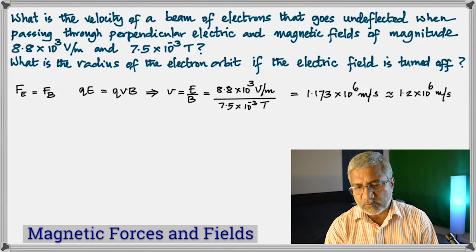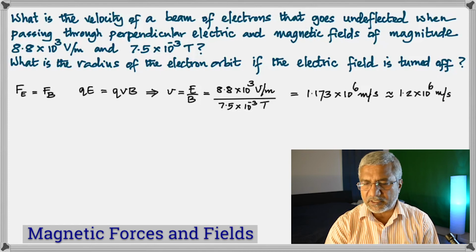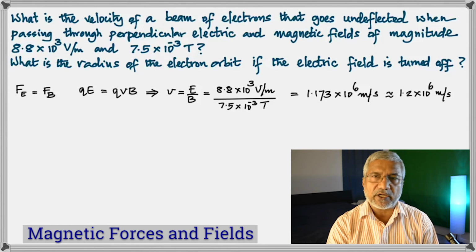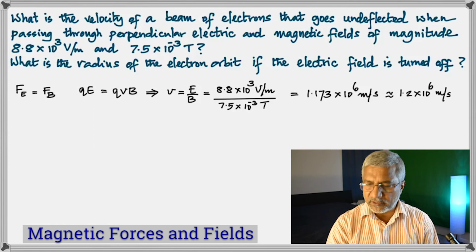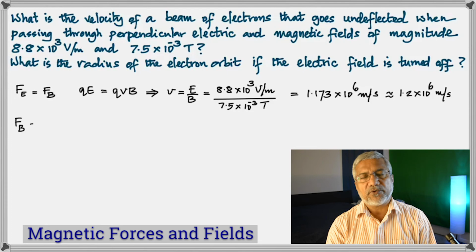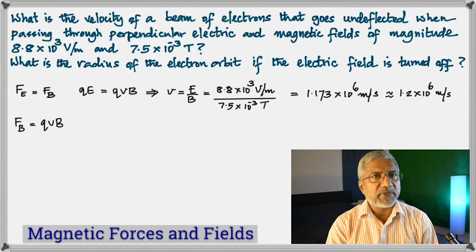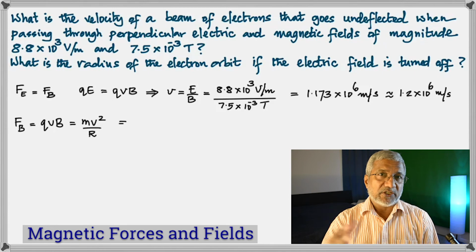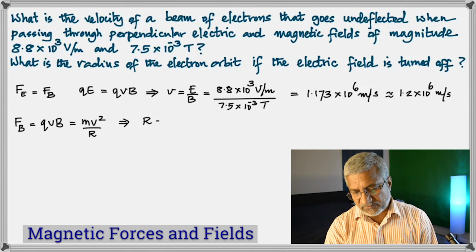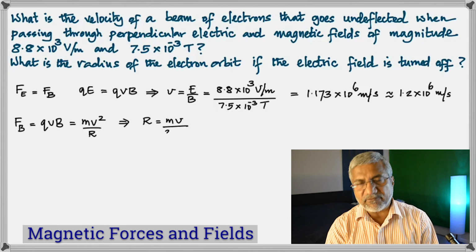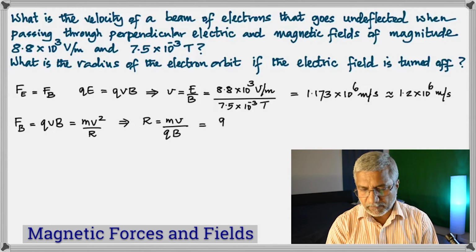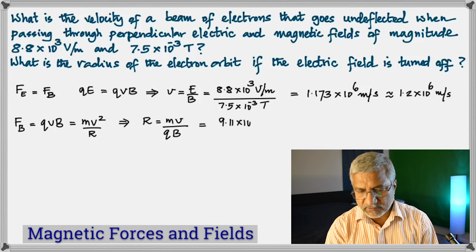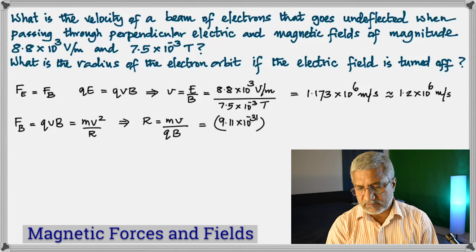And then the second part: what's the radius of the electron orbit if the electric field is turned off? So now you only have the magnetic field, and we know the formula for radius. We've written that so many times. Finally you end up with radius is mv by qb, and the mass of the electron, in terms of the velocity that we got just now.